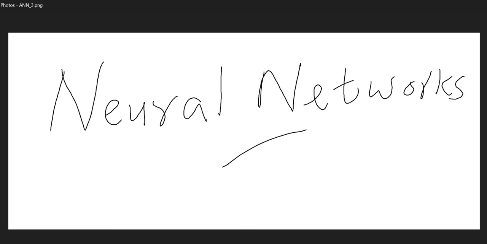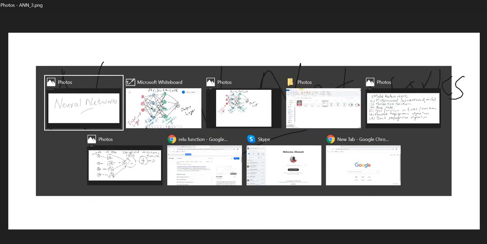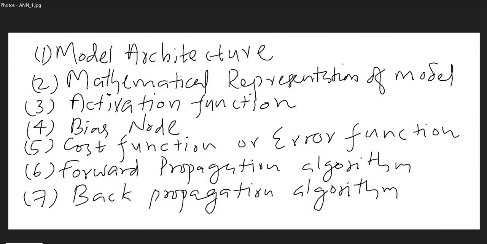To cover artificial neural networks, in this section I am going to discuss mainly 7 aspects of artificial neural networks. First one is the model architecture. What is the architecture of a neural network?